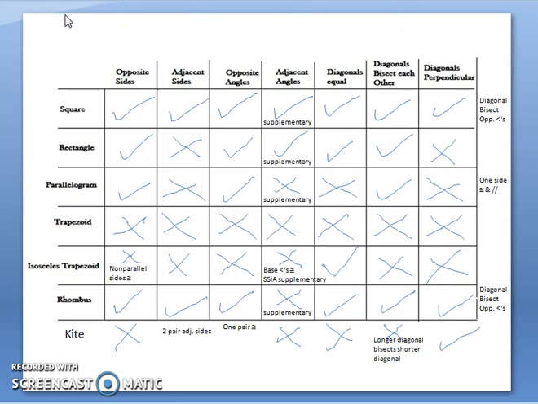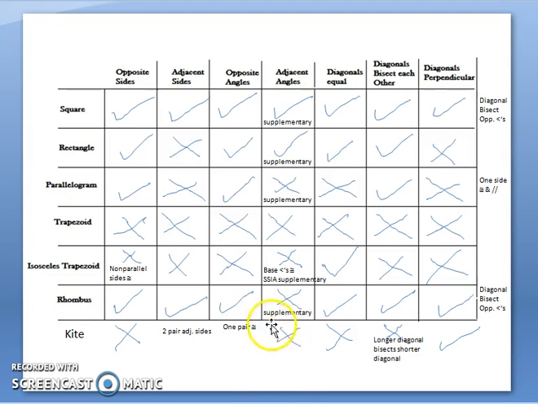Okay, so that finishes up our quadrilaterals. We have a kite. It does not have opposite sides congruent. Adjacent sides, there are two different pairs of adjacent sides that are congruent. Opposite angles, there is one pair of opposite angles that are congruent.